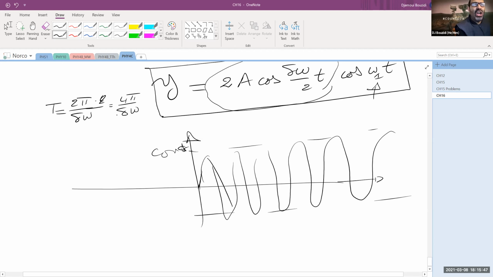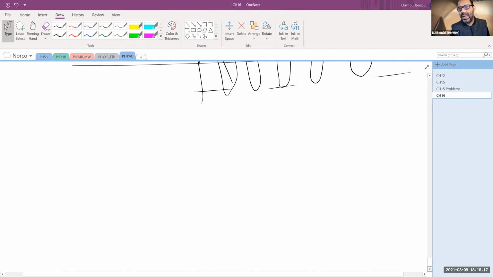divided by delta omega. Delta omega being small means the period T is going to be very long, because delta omega is tiny. The difference between the two frequencies is small, so the period is large, meaning I'm going to hear the main sound, but changing over a long period of time, depending on how small delta omega is.